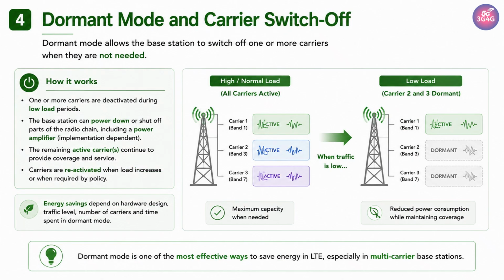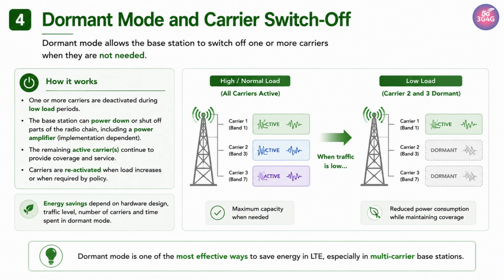Let us start with dormant mode and carrier switch off. Dormant mode refers to switching off one or more carriers when they are not needed. Think of an LTE base station with multiple carriers. During busy periods, all carriers may be active because the network needs maximum capacity.